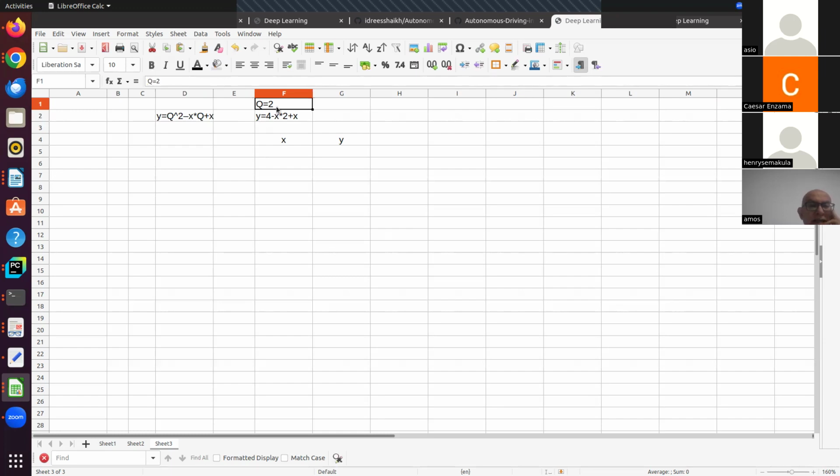If q is equal to 2, the relationship will be q to the power 2, which is 4, minus x times 2, so 2x, plus x. Or we can summarize that to be y equals 4 minus x. Everybody agree? Everybody happy?